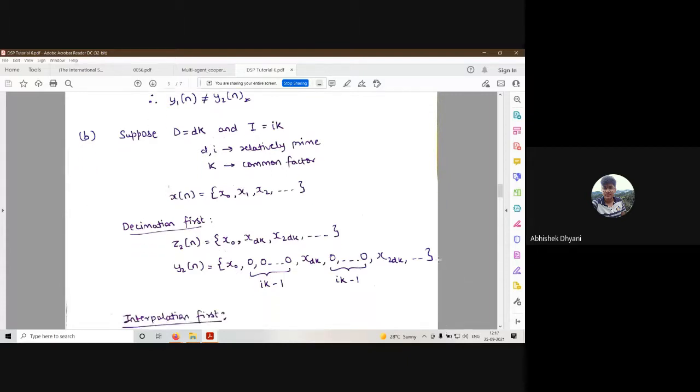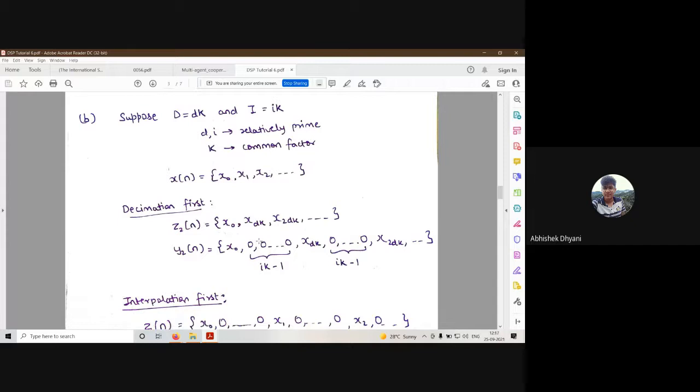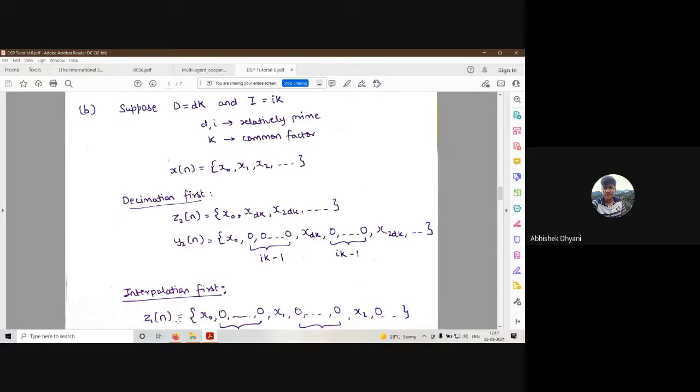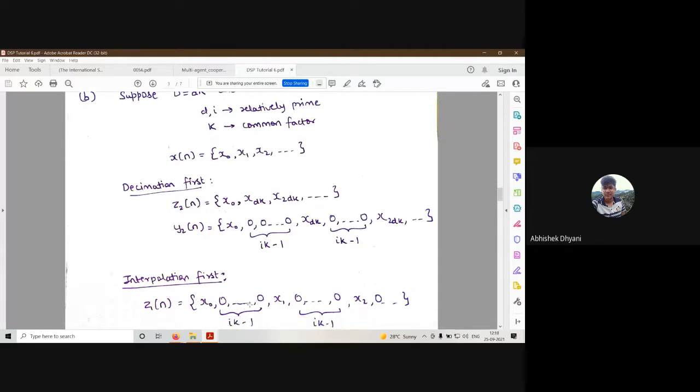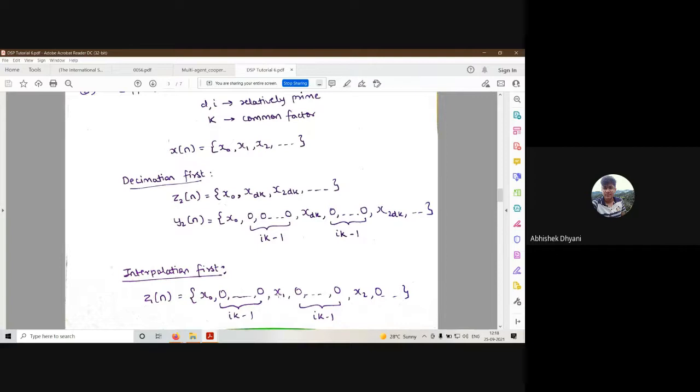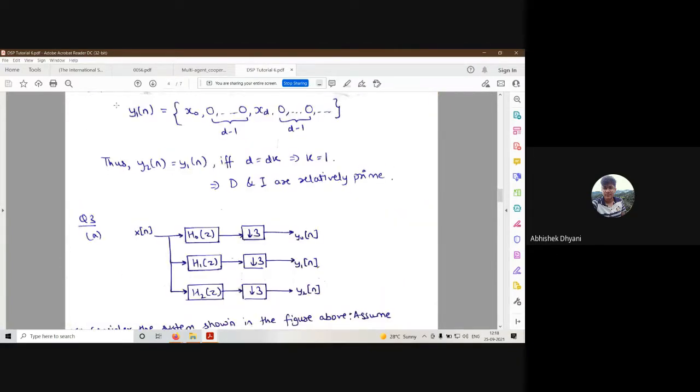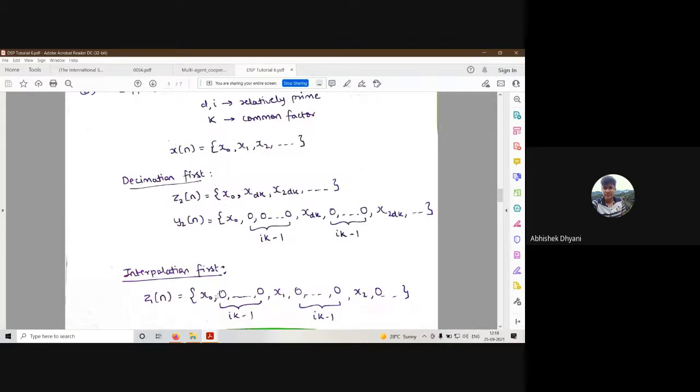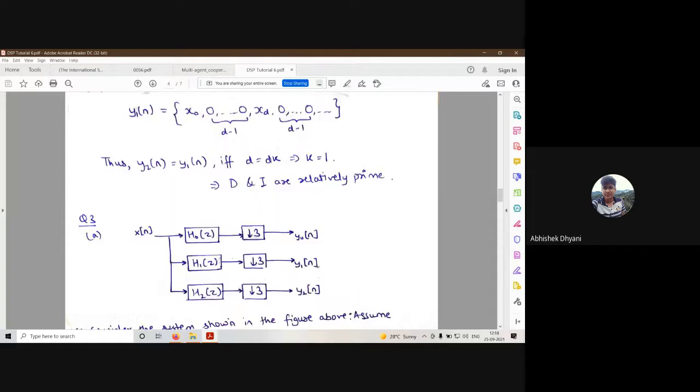Now, if we take the case when interpolation is first, we first obtain z1n, which is nothing but the original xn sequence with zeros. The number of zeros will be ik minus 1 because I is equal to ik. So ik minus 1 zeros have to be added. And when I pass it through a decimator, it will now select every dkth element.